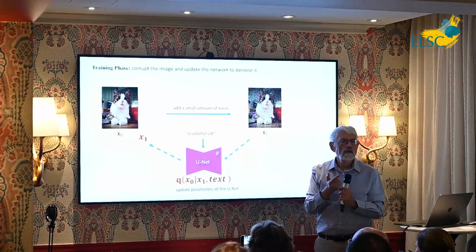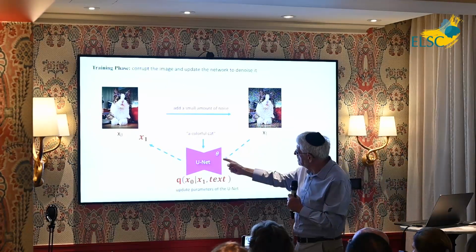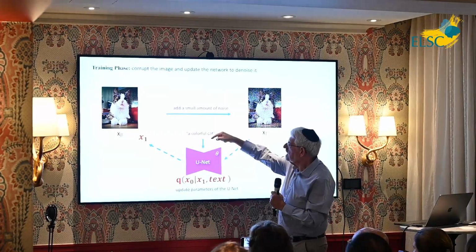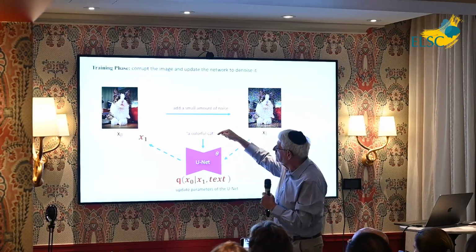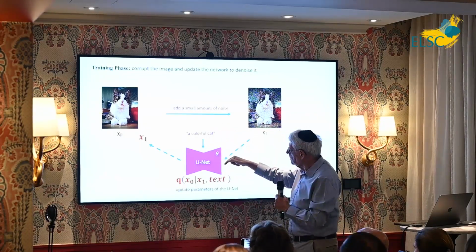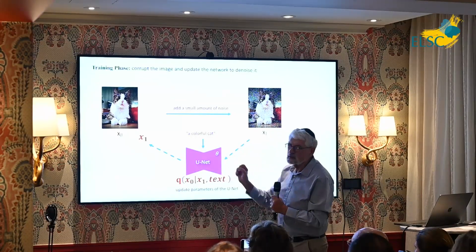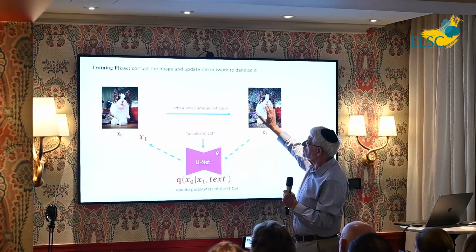Furthermore, using contextual embedding of text, you can add a text to this network, and it does attention, the same attention described before, taking the text together with the image and making this little bit of denoising. It's relatively easy because it's only a small amount of noise.